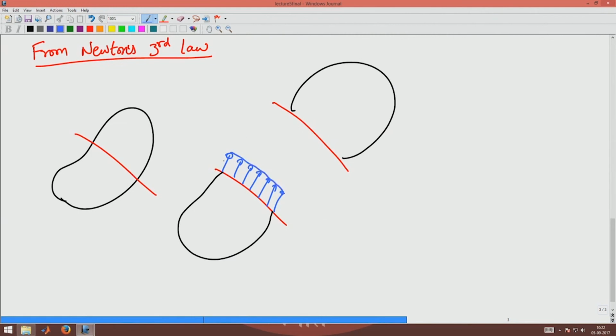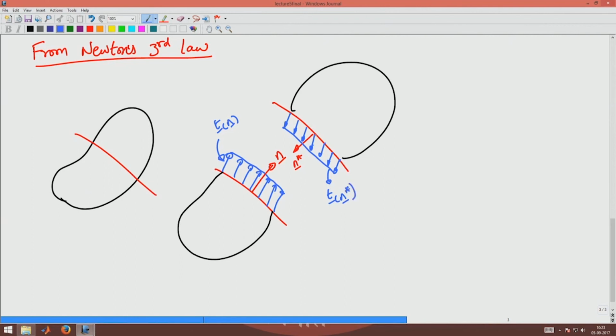This is say T of n. N is normal to this cut plane, and the normal to the other cut plane is say n star. The traction acting on n star would be like this. This traction is T of n star.